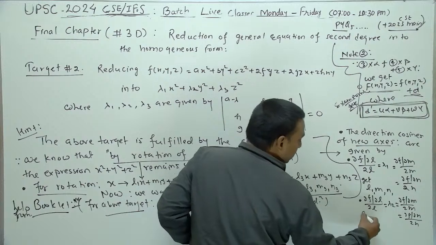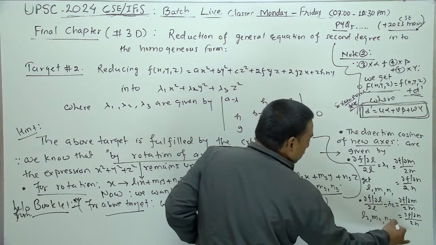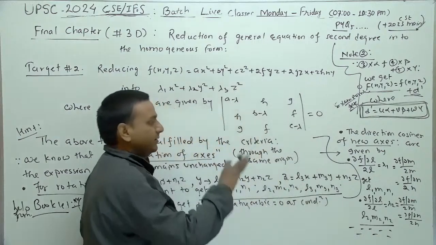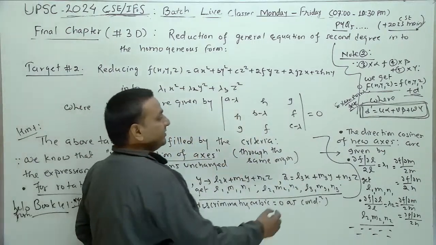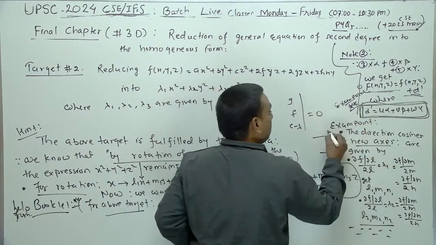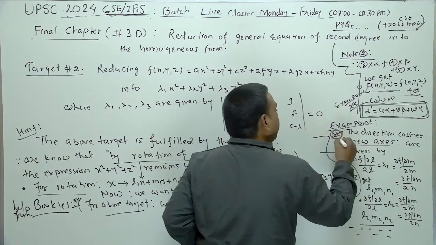So from here you will get L2, M2, N2 and so on. So that is an exam point for you, because while solving the question we will be in need of it.